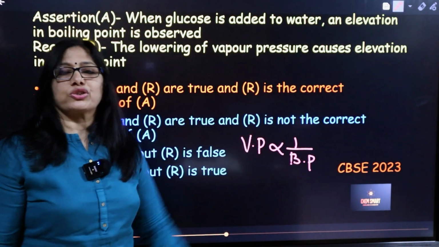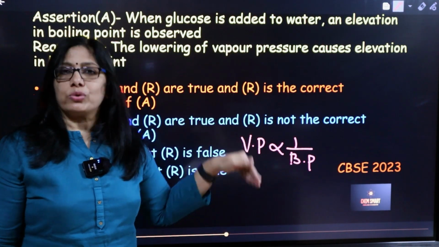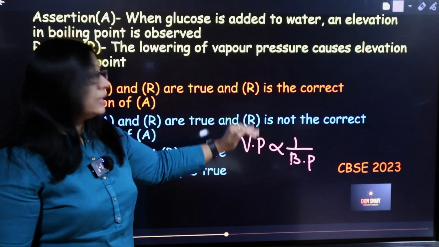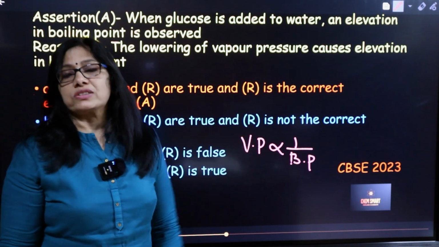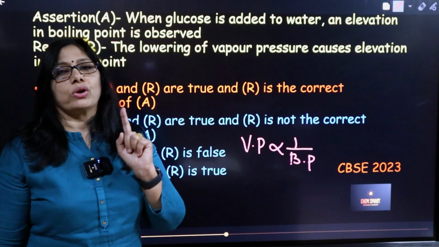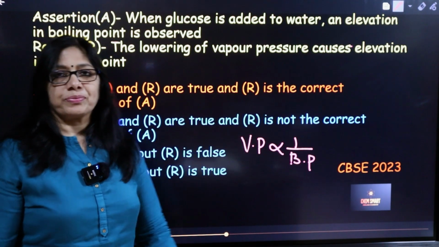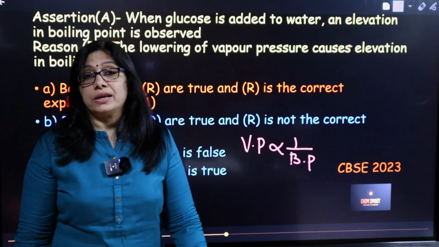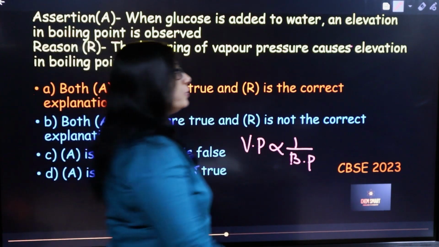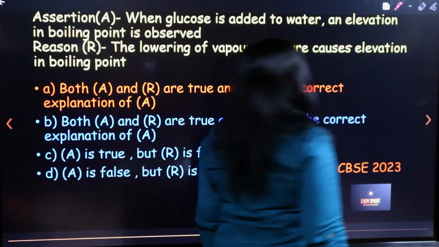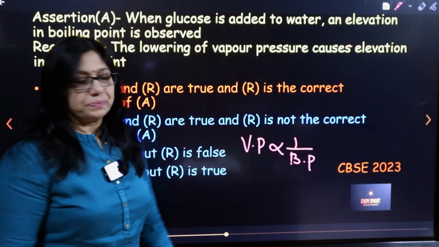So assertion is true, reason is also true, and reason is the correct explanation of assertion. Therefore, your answer here will be option A. And this is a common question in board papers, not only in 2023. Now let's go to the next question.